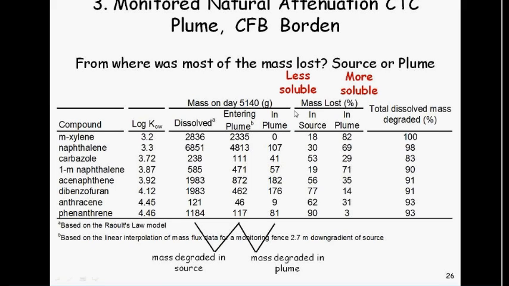Notice that these chemicals where we find significant mass loss in the source are less soluble. The more soluble chemicals seem to lose their mass in the fluid. And for hydrogeologists, that's really good, because these are the mobile chemicals.